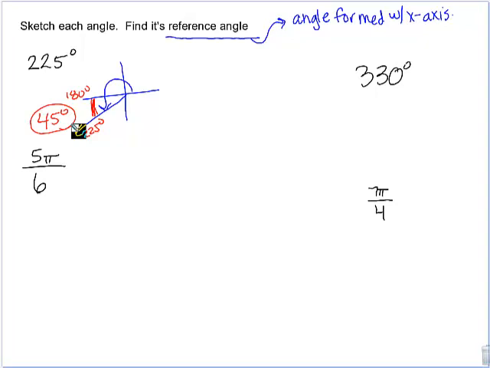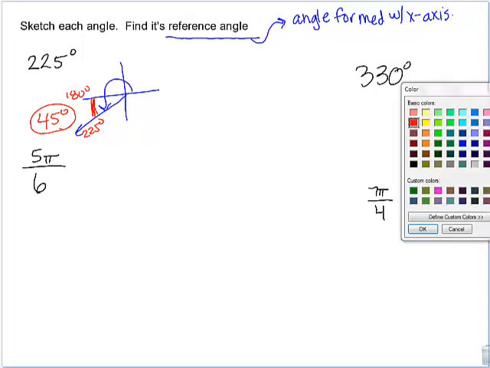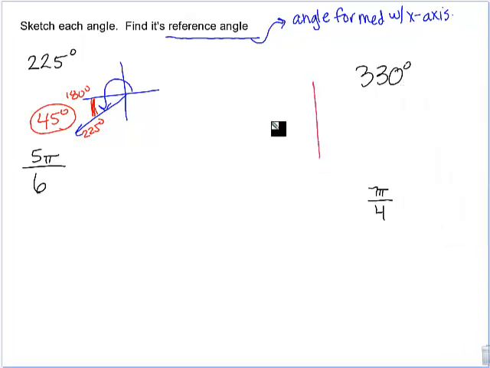Okay, 330 degrees. So which quadrant does 330 degrees end up in? In the fourth quadrant. So there's our sketched angle. Now our reference angle will be between that angle measurement and our x. So right here's the reference angle. So how would I find this angle measurement?